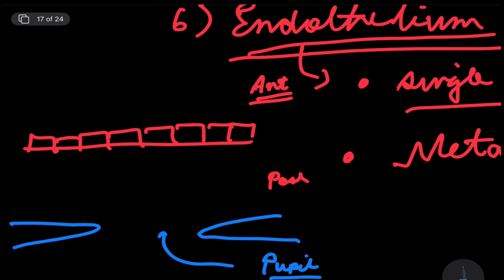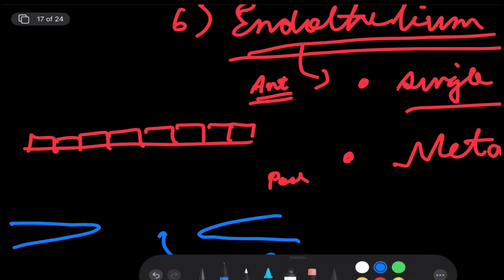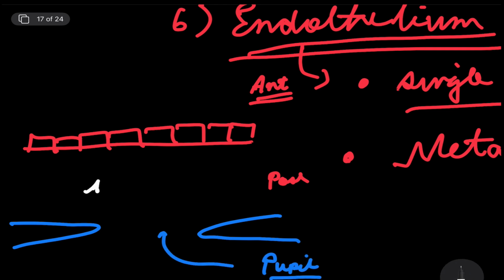So where the endothelial layer is present, the cornea ends. What is present posterior to the endothelium we have already seen, it is the anterior chamber. So this over here is the anterior chamber. And what is this? Posterior chamber.